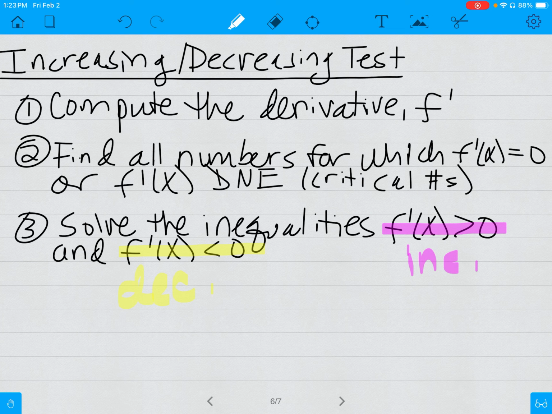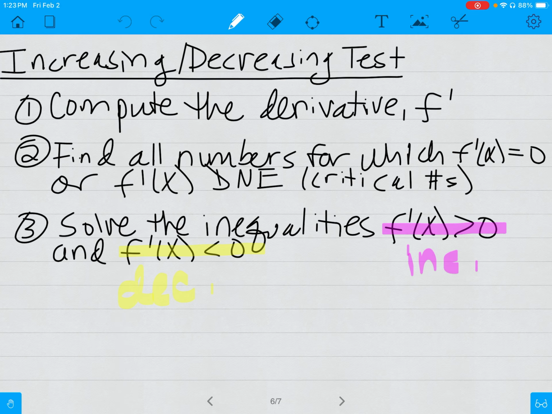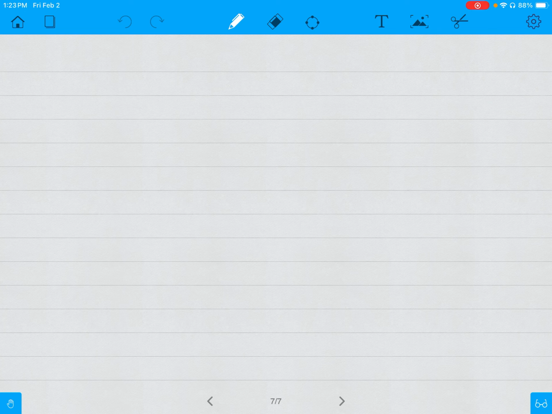Okay, so we're going to take a look at a couple of examples of how to do this. I'll show you the method that I use. There are other methods, and most of them are discussed in your book, but I think this method is pretty straightforward. So let's say that we wanted to find out where our function is increasing and where it's decreasing, like what intervals we're looking at.